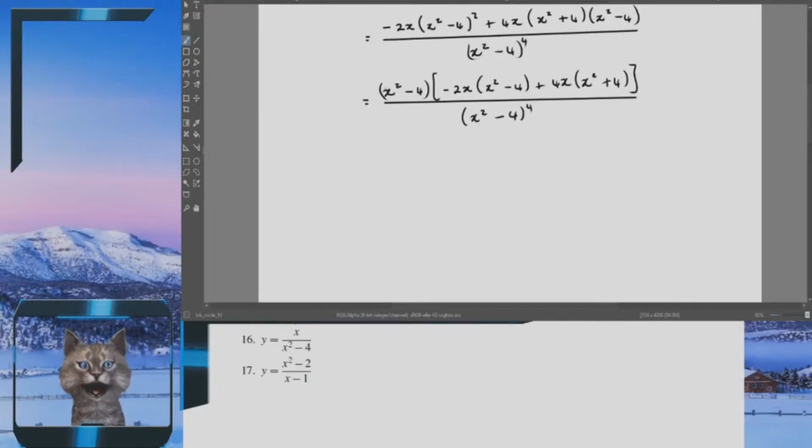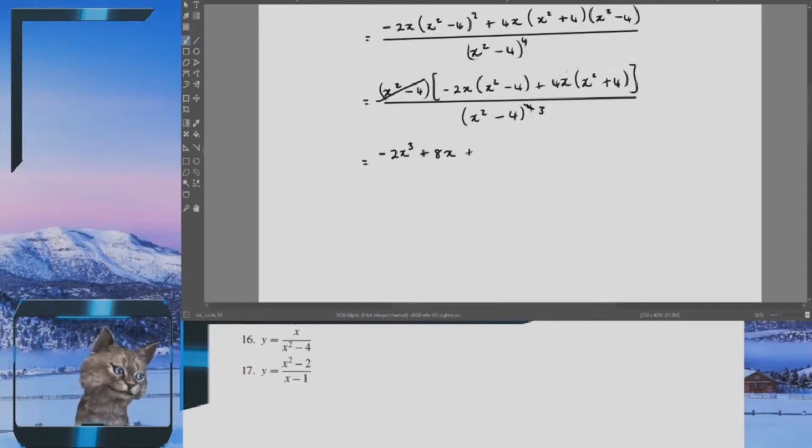Now I can cancel one of them with one of those, leaving 3, and simplify the top, multiplying the negative 2x in for negative 2x cubed, and plus 8x, this one in, negative 2x cubed, this one in, positive 8x.